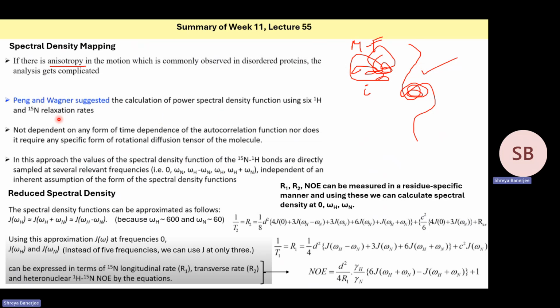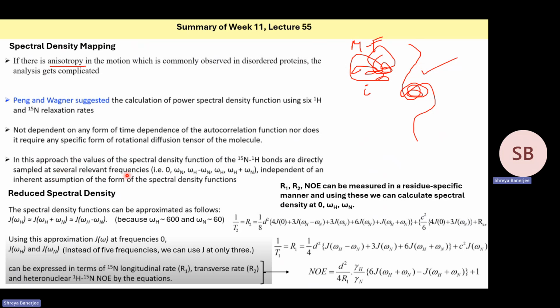So here, normally, in this approach, the values of the spectral density functions are sampled at several frequencies. You take the frequency of nitrogen, frequency of hydrogen, sum of frequency of hydrogen and nitrogen, difference of frequency of hydrogen and nitrogen, and zero.